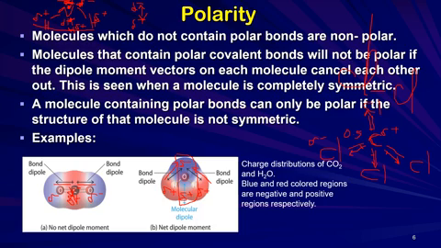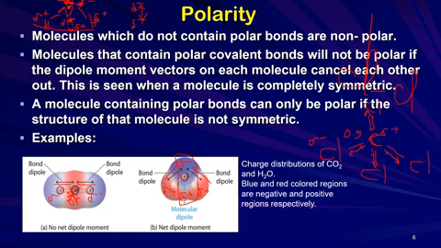We have polar bonds, oxygen-hydrogen bond is polar, and the molecule is not symmetrically arranged. So we have a net dipole moment because the dipole moments we have in this molecule, they are not cancelling out as they are not pointing in opposite directions.